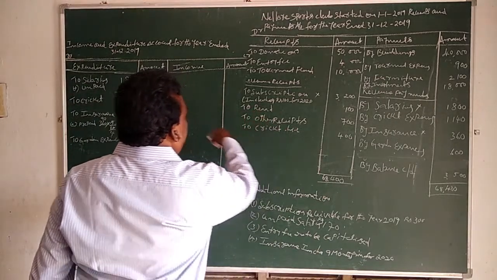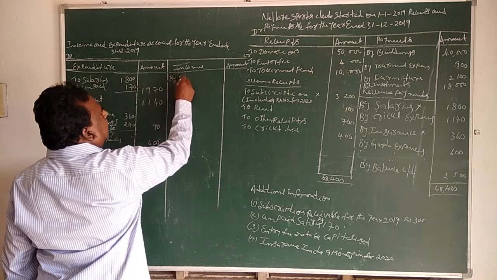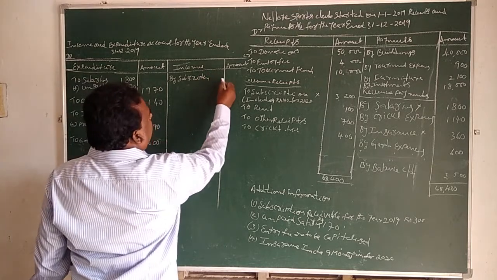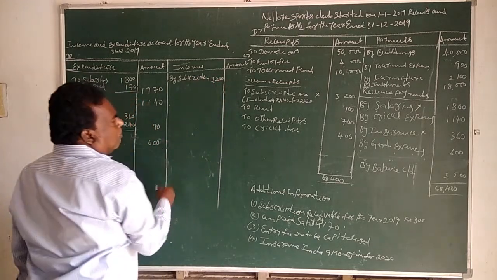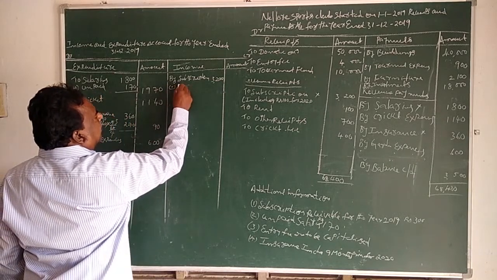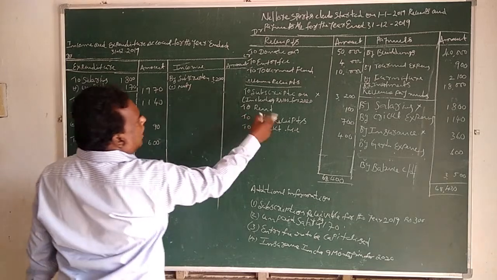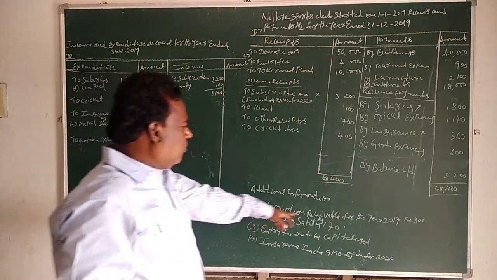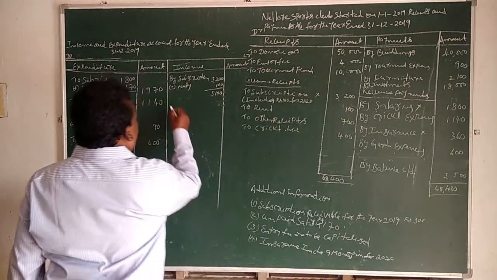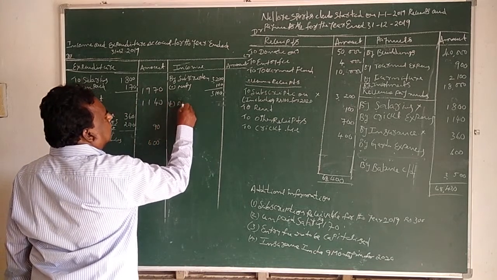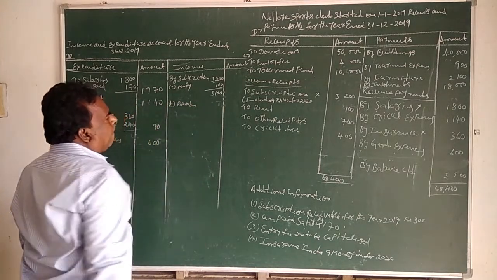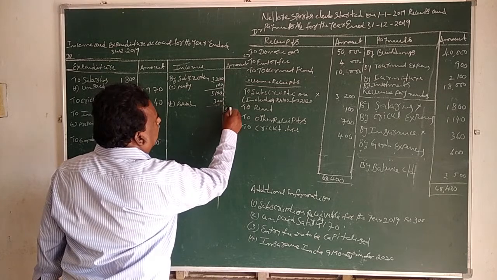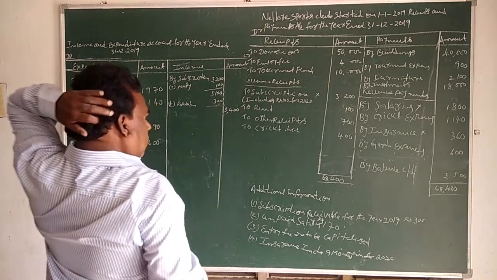Next, incomes. By subscriptions 3,200 minus last year's, minus next year's 100, gives 3,100. Next, subscription receivable for 2019, plus receivable 300, gives 3,400.